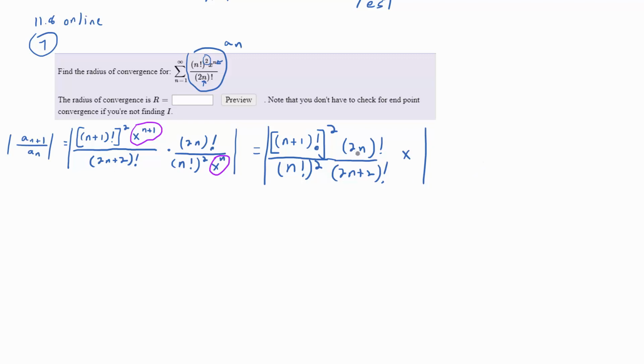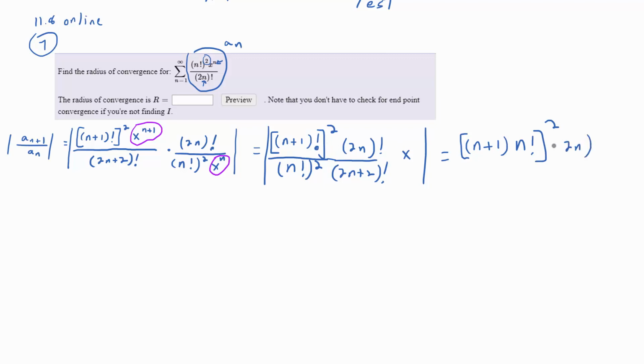Okay, well, let's see if I can squeeze it in here. If you think about it, I could rewrite the (n+1)! squared as (n+1) times n!, that whole thing squared. That's the same thing as just (n+1)! squared. And then the (2n)!